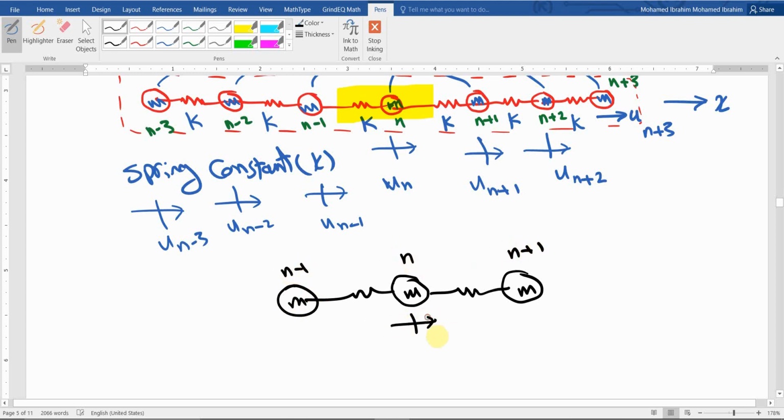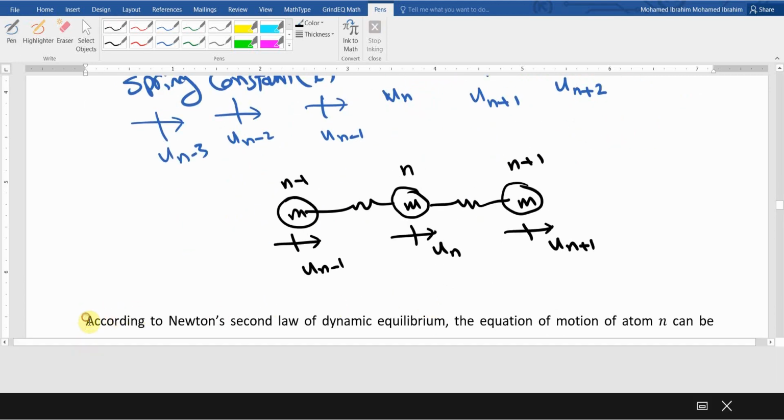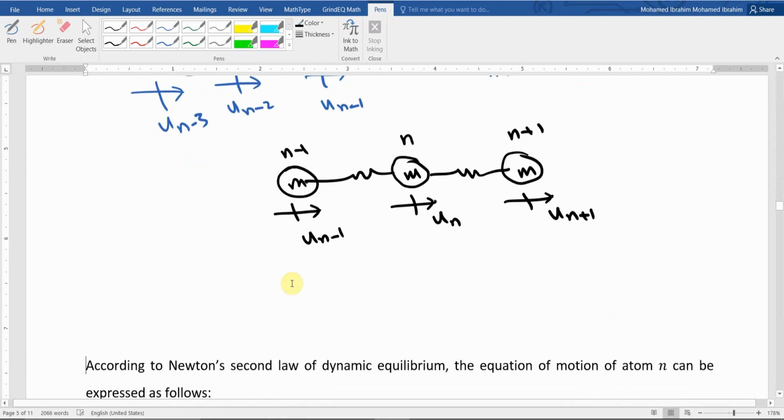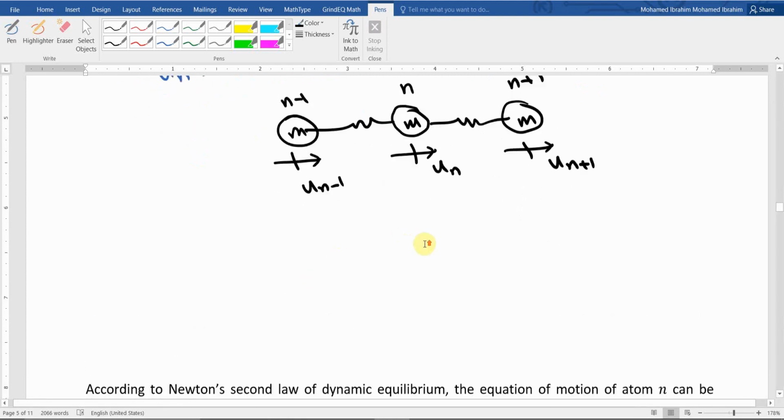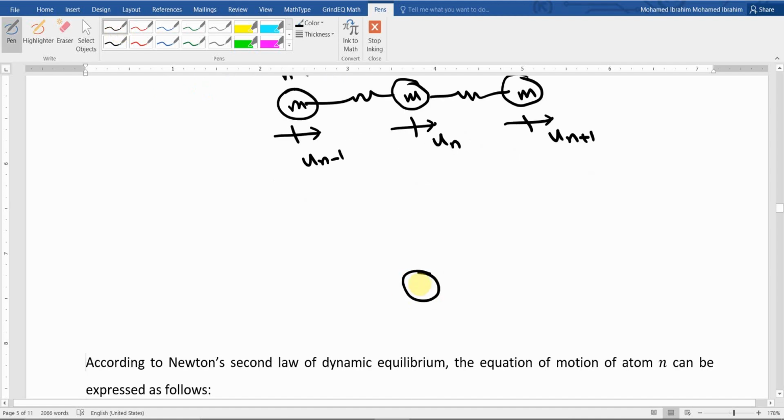This one is moving with u n, this one is moving in the same direction with u n plus 1, and this one is moving with u n negative 1. According to the dynamics class, if you remember the free body diagram, just focus on the mass in the middle. So we're going to have the mass M.